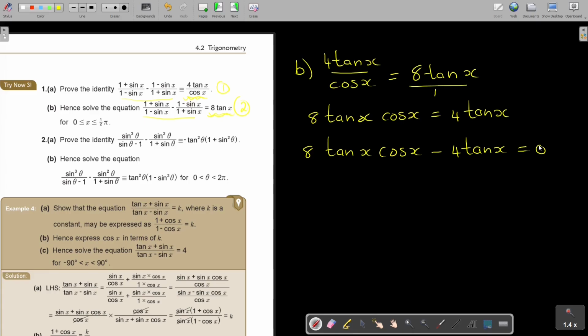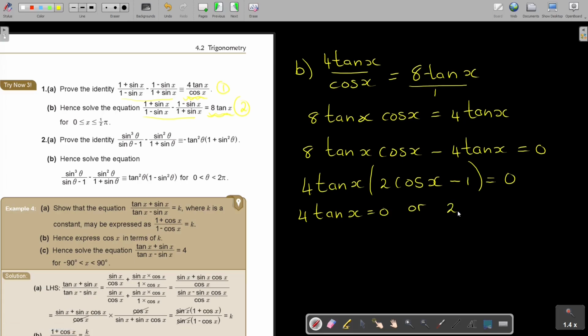Then I can take out 4 tan x as a common factor, and I will get 4 tan x times 2 cos x minus 1 equals 0. So 4 tan x equals 0, or 2 cos x minus 1 equals 0.